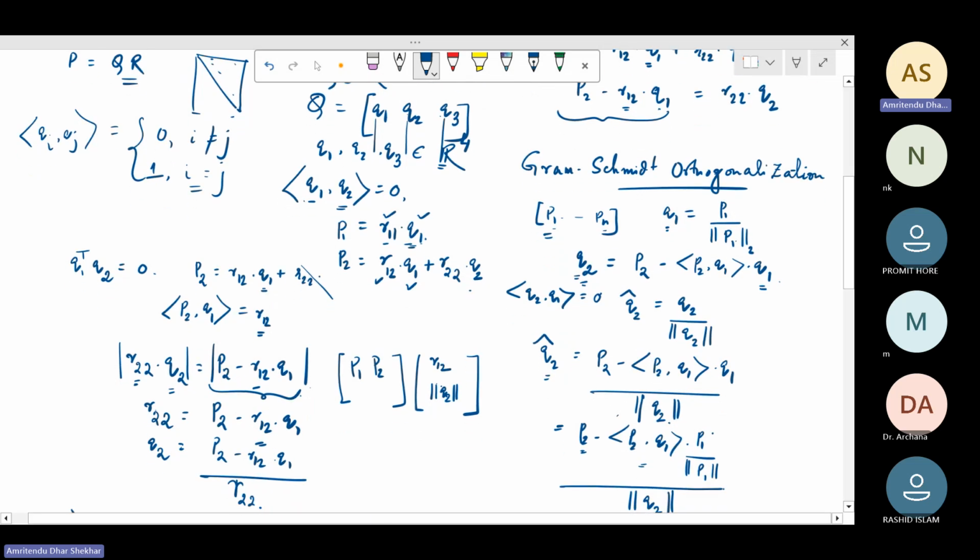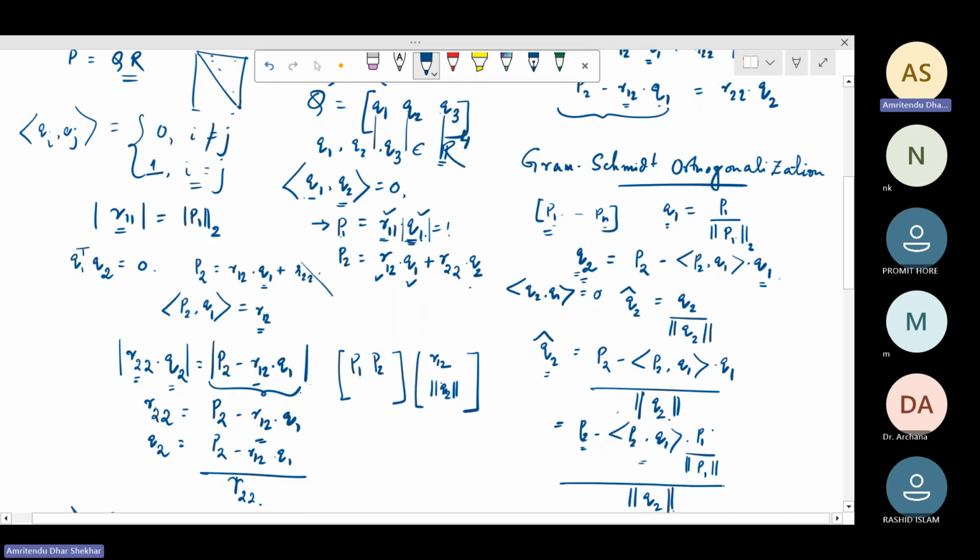So let's say you want to solve this first equation. So this is unit norm. So if you take the norm of this side, this is equal to 1. So you get mod of R11 is equal to the norm of P1. Okay. So you have got the value of R11. So once you get the value of R11, you know the value of Q1. You simply divide it. Right.